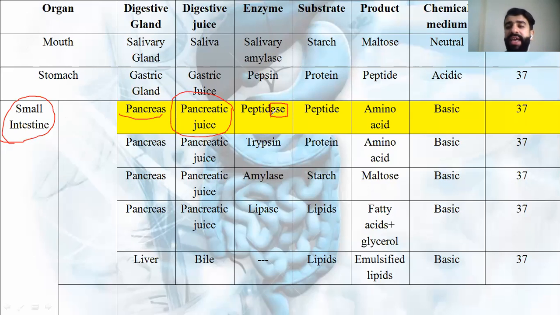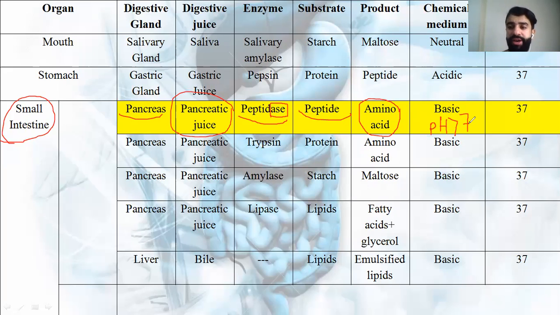So peptidase, from its name, works on peptides to give amino acid, which is the simplest form of the protein. The medium is basic. What does this mean? This means that the pH is greater than 7, and the temperature always is 37 degrees Celsius.